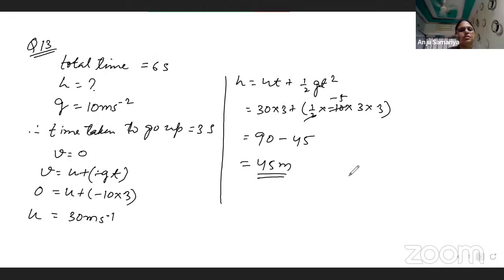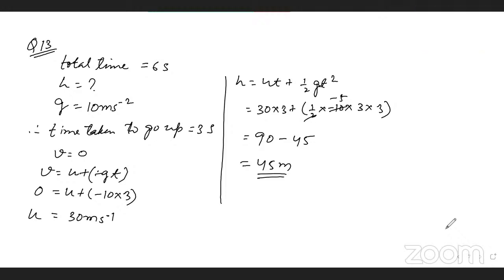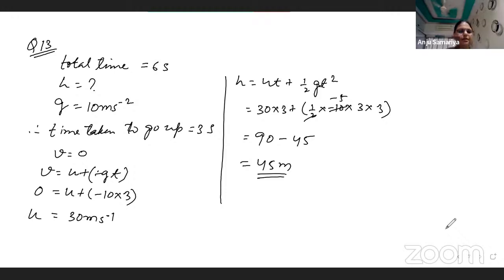Now in question number 13, the total time taken is given as 6 seconds. That means 3 seconds to go up and 3 seconds to come down. You have to know this. This is the most important thing. That's the crux. If you know this, then you will get it. Ma'am, I've sent you the first part. Now I do the second. Correct. So 3 seconds to go up and 3 seconds to come down.